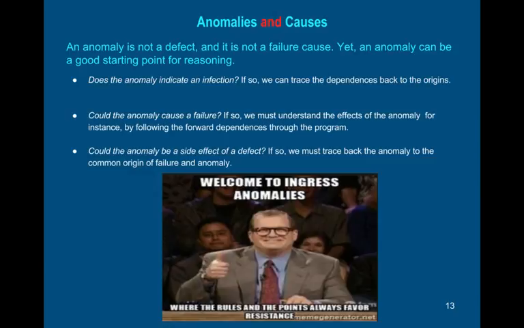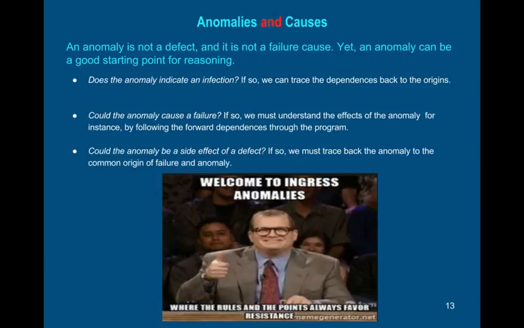So, anomalies and causes. An anomaly is not a defect and it is not a failure cause, yet an anomaly can be a good starting point for reasoning. Does an anomaly indicate an infection? If so, we can trace the dependencies back to the origins. Could the anomaly cause a failure?